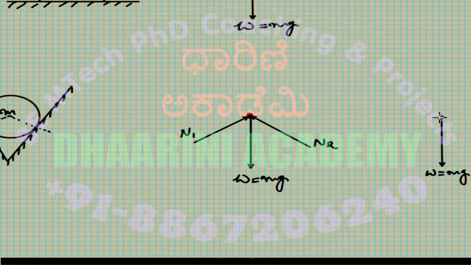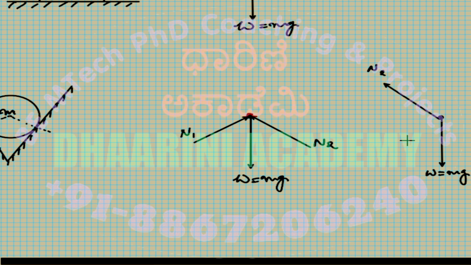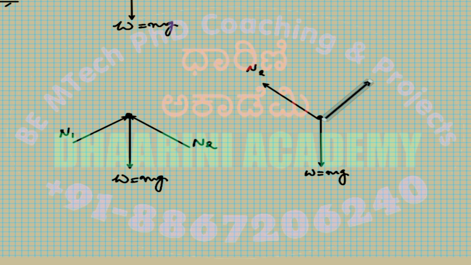I can move it to the other side, but don't change the angle and the direction. Keep it the same, but move it to the other side, like this. So this could be the N2, and we can have the N1, instead of writing here, I will move it to the other side. So instead of writing here, I will write it on the other side, like this. So make sure that it passes through the center.